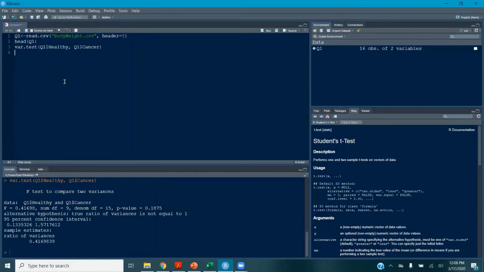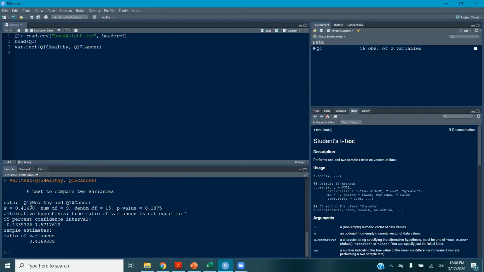When we run the F-test, we take a look at the output, and first thing, let's just look at the p-value is 0.1875, telling us to accept the null hypothesis. Then let's look at the fcalc value here, as well as the ratio of variances, and these should match. And since we always want the F-test to be a right-tailed test, we should expect these ratios to be greater than 1.